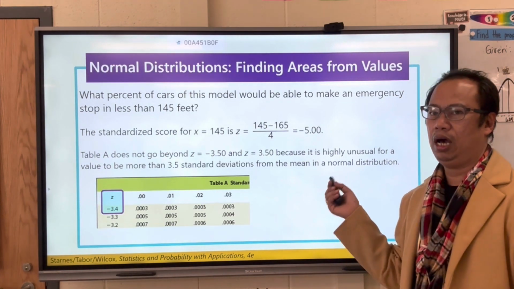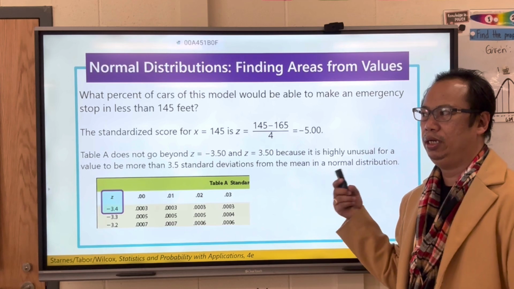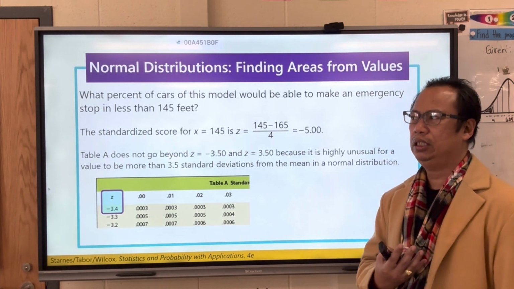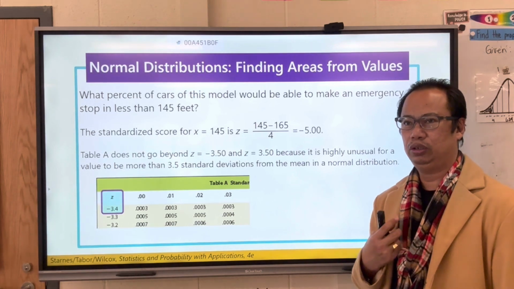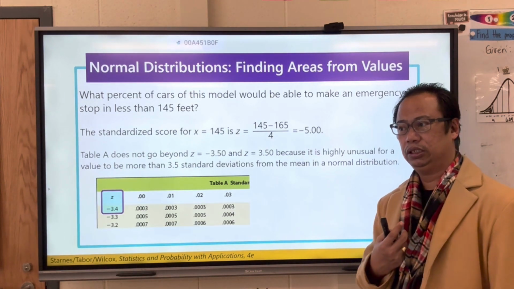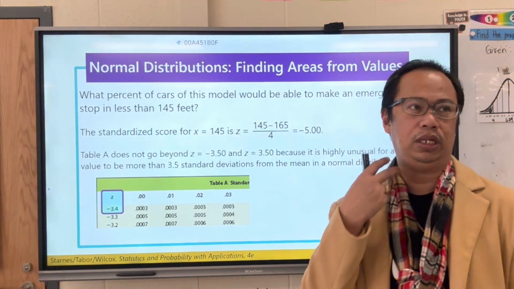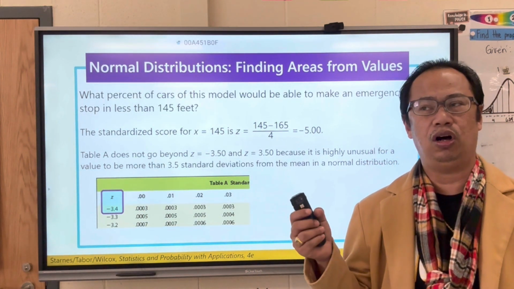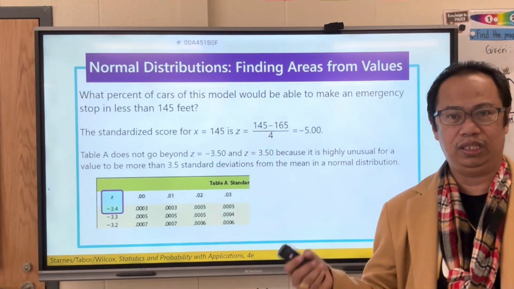Meaning, this usually doesn't happen, no? So the value is very thin. In the normal curve, you can almost not see the difference of this.